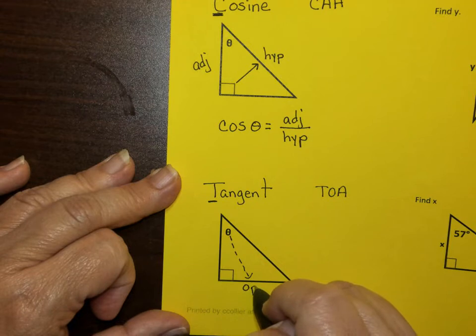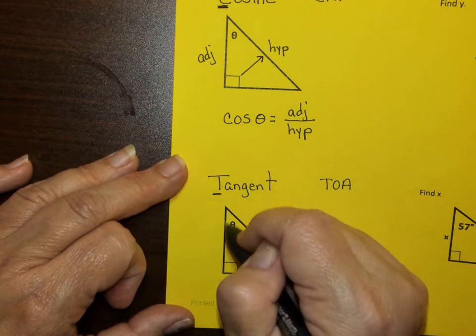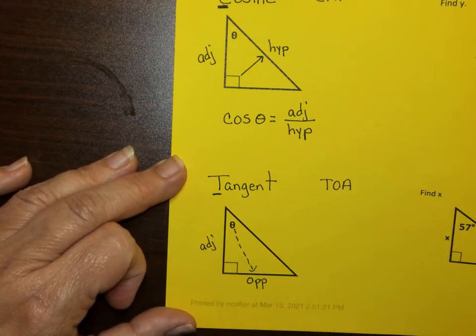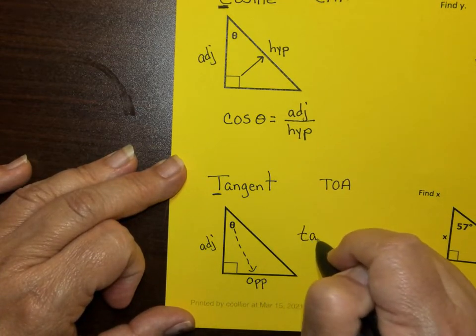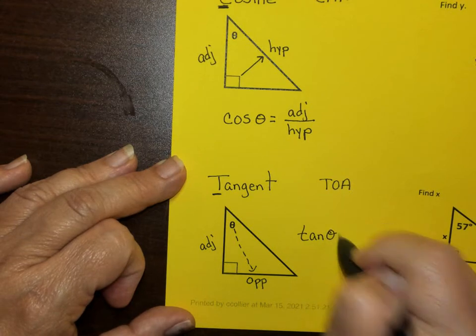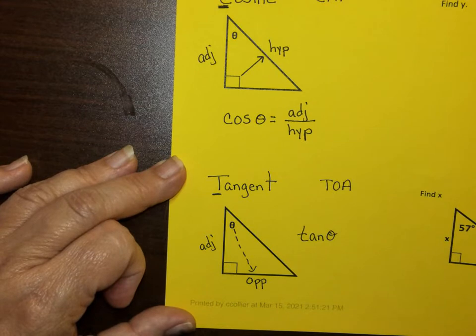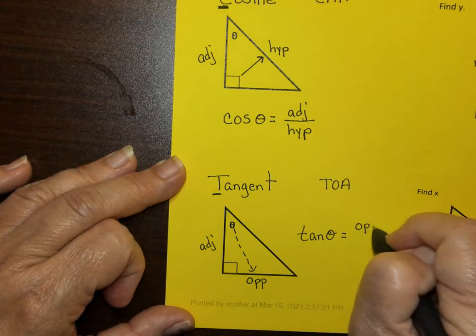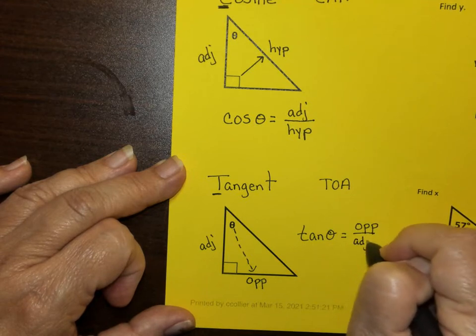That's the opposite. And then next to theta, that's the adjacent. And so our fraction goes tan theta, so tangent, we abbreviate TAN, so it's tan theta equals opposite over adjacent.